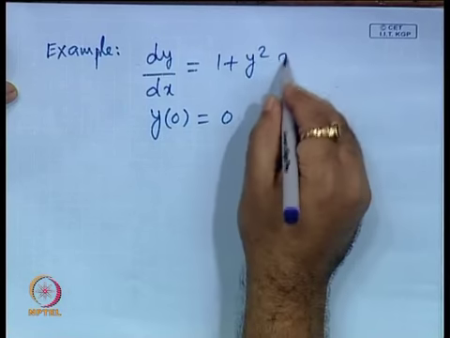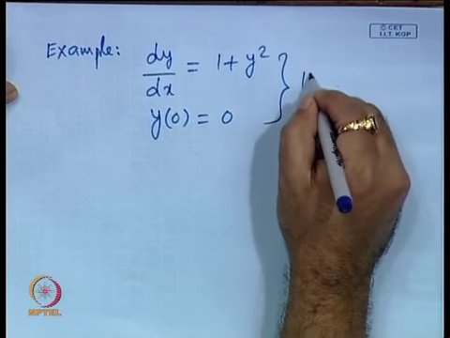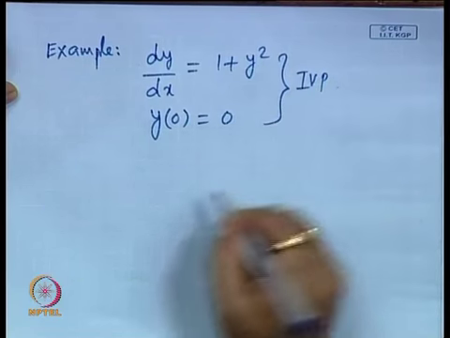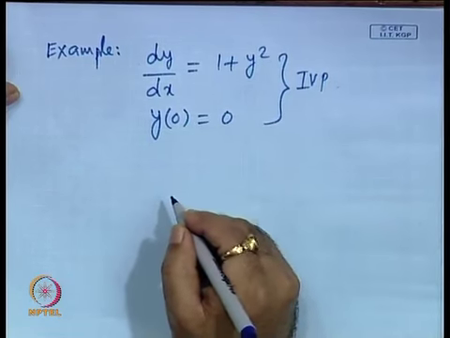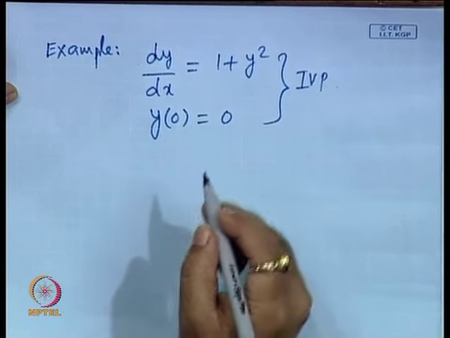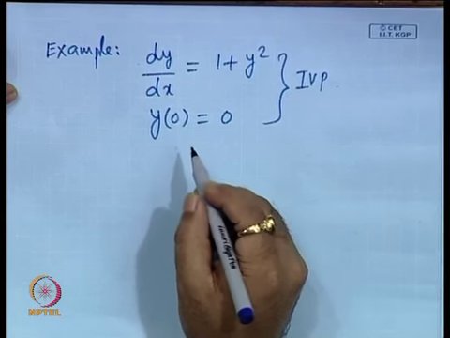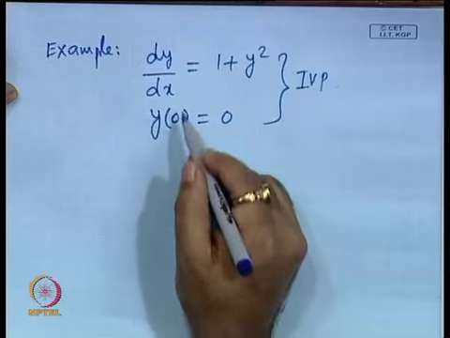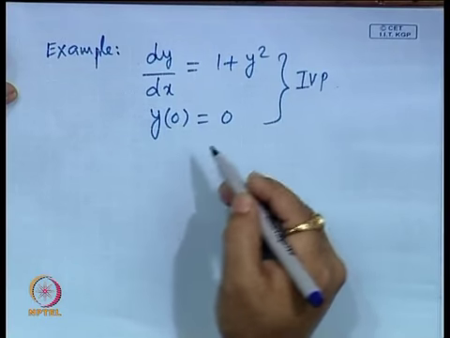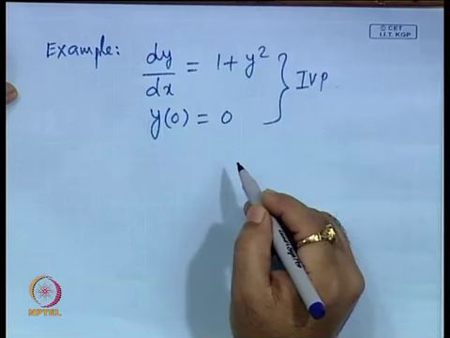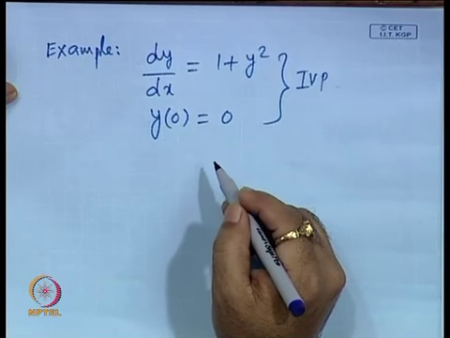So, this is an initial value problem and first order. Now, when I said semi numerical, that means to some extent we proceed analytically and then we switch over to numerical. So, that is the motivation.